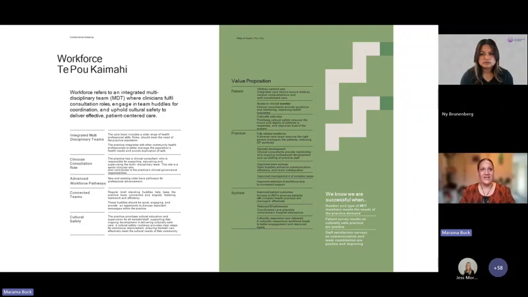However, we know that the number of doctors that we have isn't meeting the needs of our communities, and so we have been exploring other new ways of using the expertise of our clinicians and doctors so that they can share their expertise with a range of kaimahi within their integrated multidisciplinary team. So that's quite an exciting new element to the model of care.